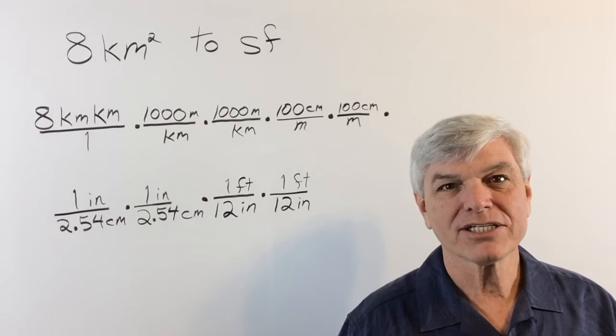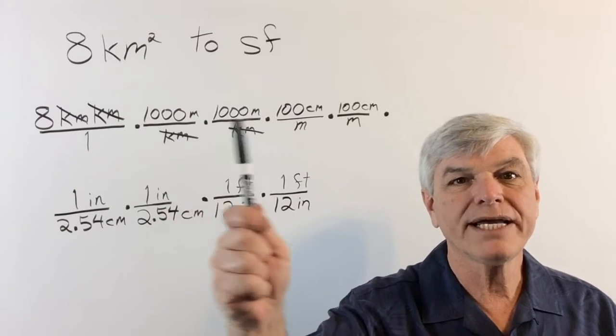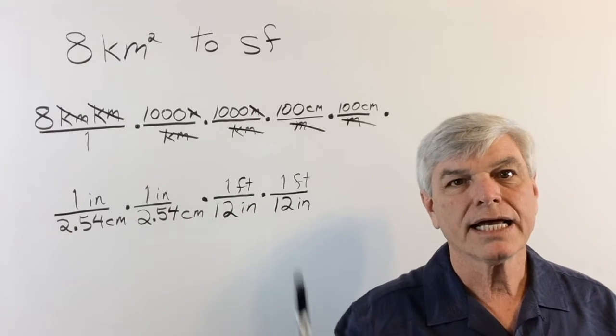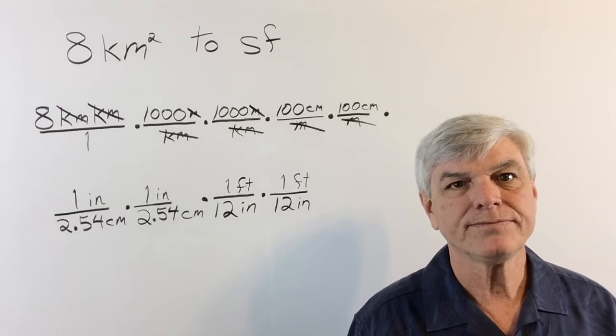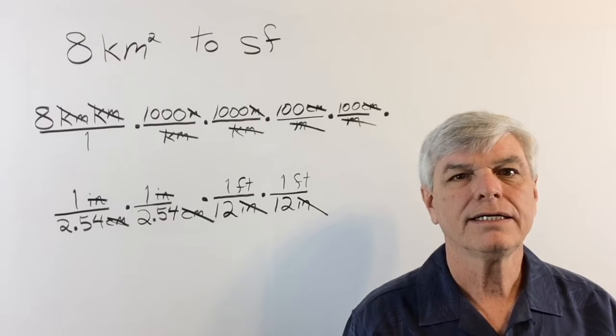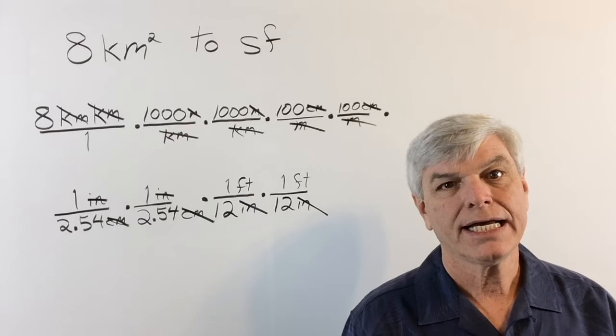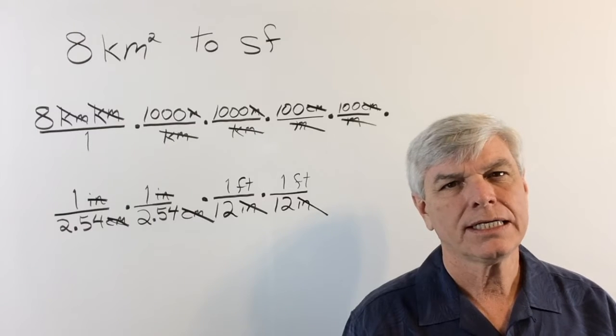get rid of our kilometers. Very good. Let's get rid of our meters. Now let's get rid of our centimeters. And finally, let's get rid of our inches. Now, sure, that's a lot of fun, and I really enjoyed that, and I'm sure you will too.